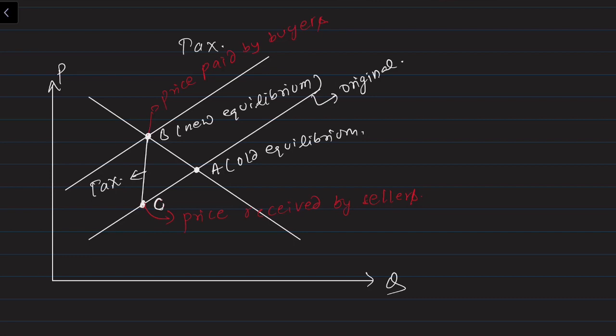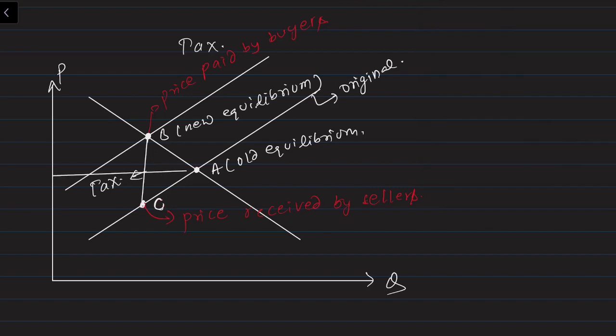So what is the tax burden on buyers? Since along the demand curve, the point has moved from A to B. So at point A, this is the old equilibrium price, right? So this was the price paid by the buyers initially, but now they have to pay this price at this equilibrium.